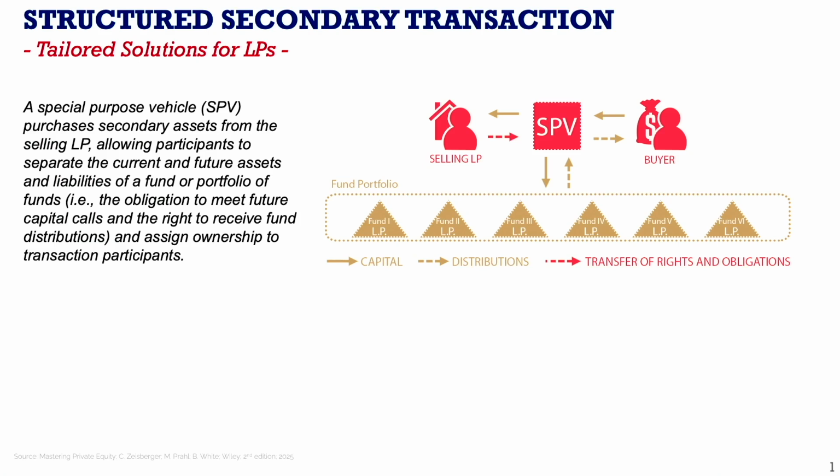Now, those transactions can easily be tailored to the taste of the selling LP. So imagine the selling LP would not mind retaining some of the upside in the GP. Let's say that GP has been really performing really well and the selling LP is literally just selling.